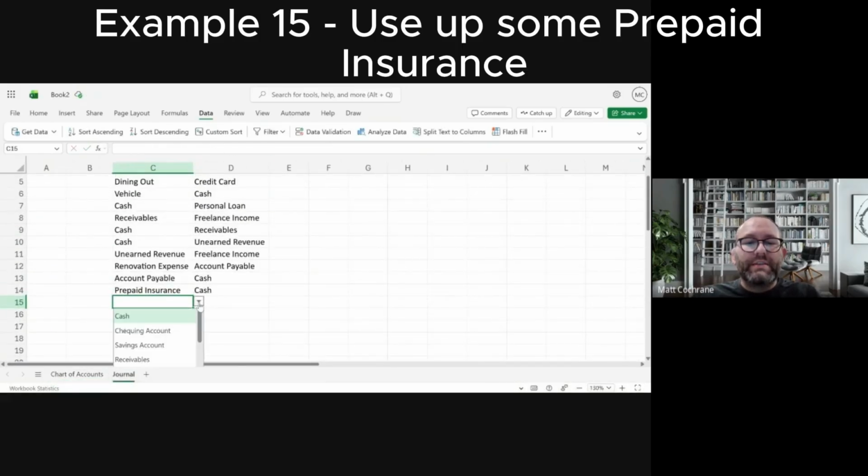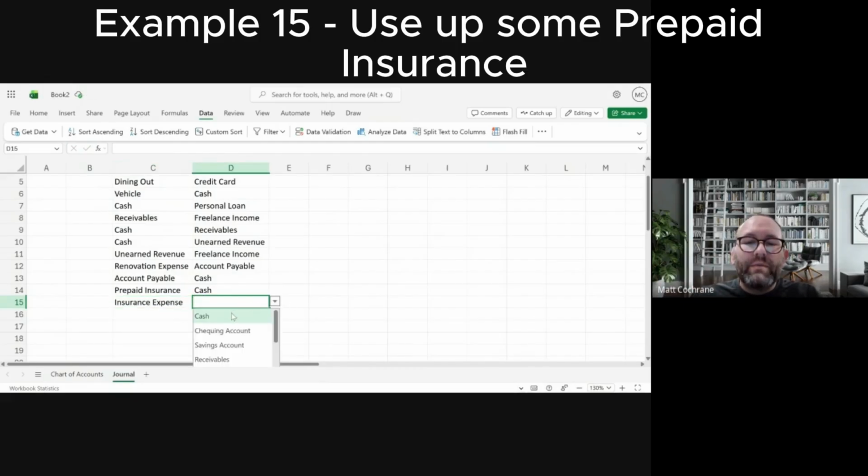So an insurance expense, we find that one. You can even type this in, which when your list is getting long, it saves some time by doing that. And then we want to decrease the amount of the asset, which we do by crediting it. And this is the prepaid insurance asset. Okay.